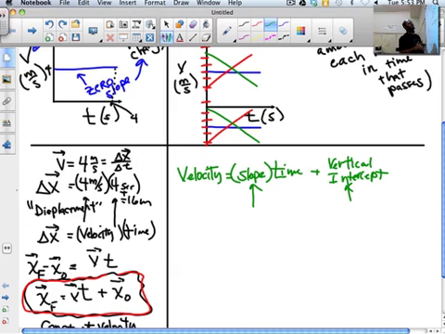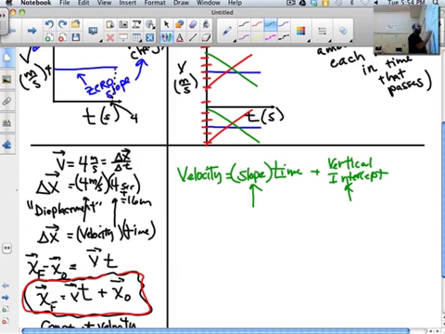In general, the slope of a velocity graph is acceleration, right? Change in position divided by change in time is velocity. Change in velocity divided by change in time, by definition, is acceleration. So the slope of this velocity graph, all of these different lines, these slopes are all your acceleration.